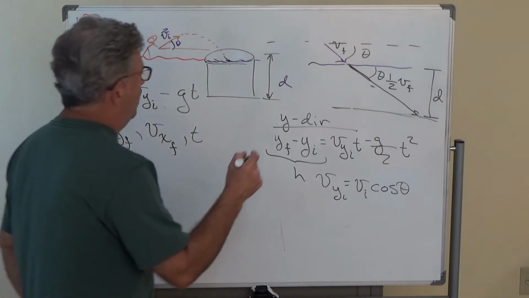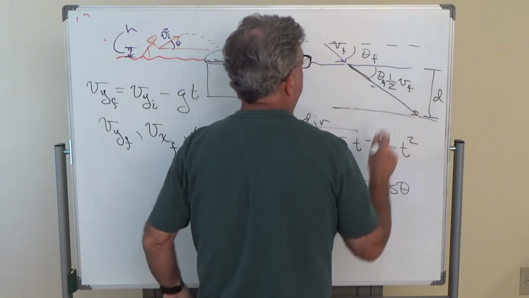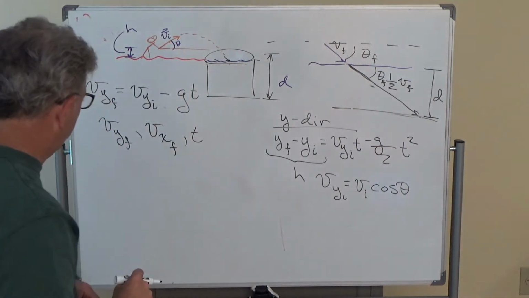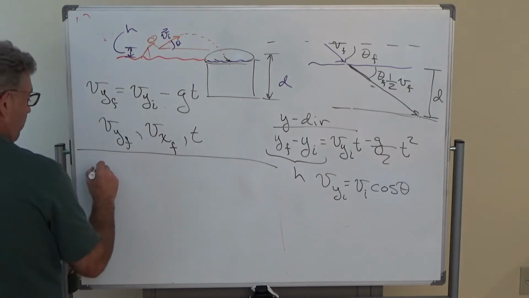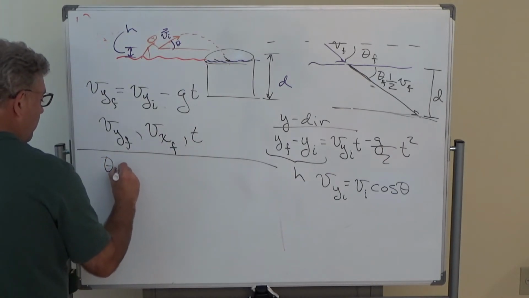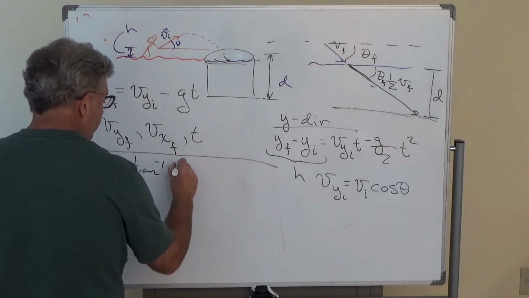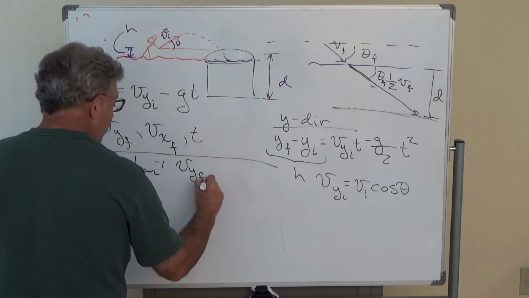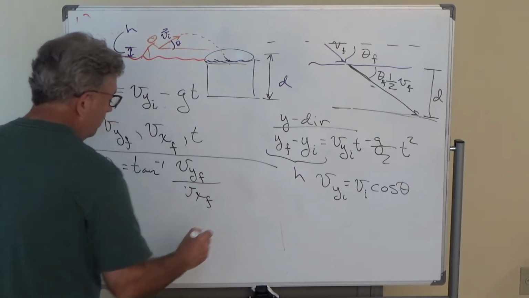So let me call that theta final, as opposed to theta that we started out with. So theta final is equal to the inverse tangent of Vy final divided by Vx final.